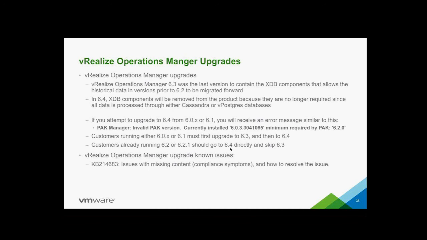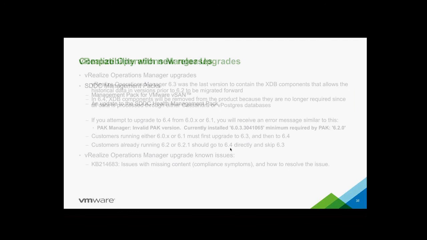If you are already running 6.2 or 6.2.1, you should go directly to 6.4 and skip 6.3. So 6.0, 6.1, go to 6.3 and then 6.4. 6.2, 6.2.1, go directly to 6.4. Simple. And if you have upgrade issues, there is a KB article which talks about certain issues related to the upgrade. So that's good to know.